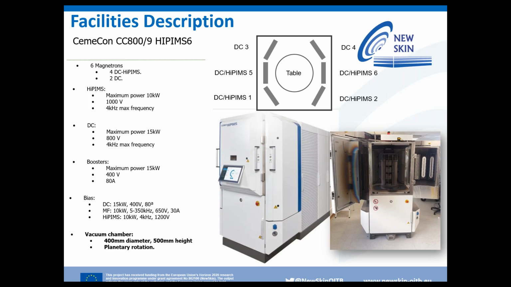The deposition volume of the unit is a cylinder of 400 millimeters of diameter and 500 millimeters of height. The turntable in the vacuum chamber has a planetary rotation.